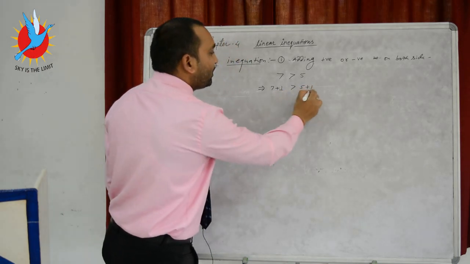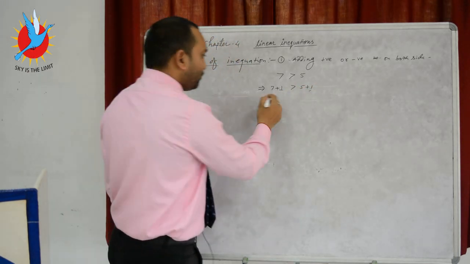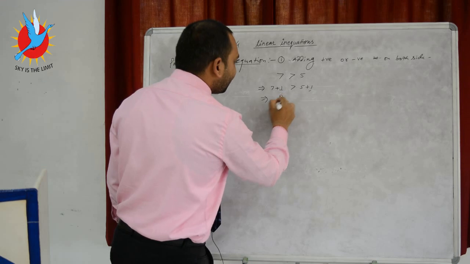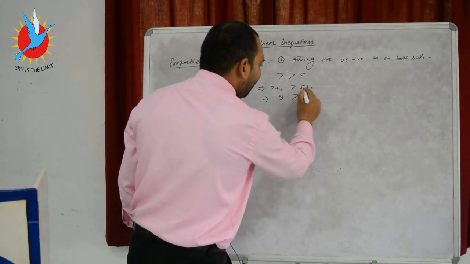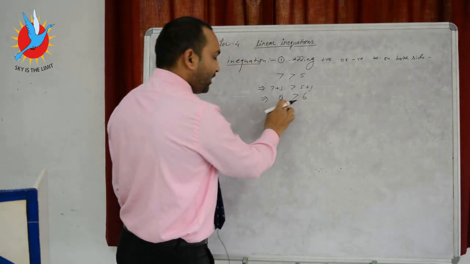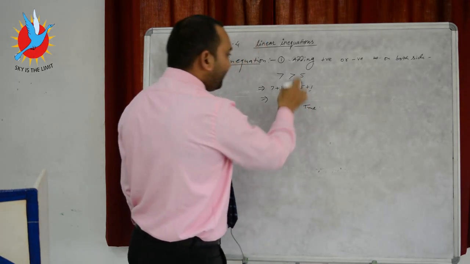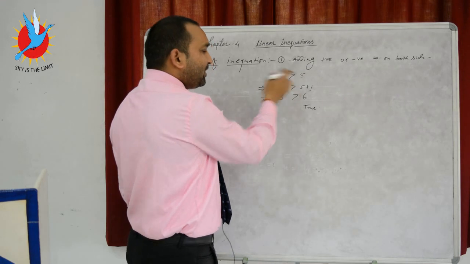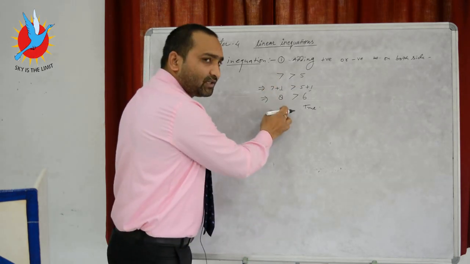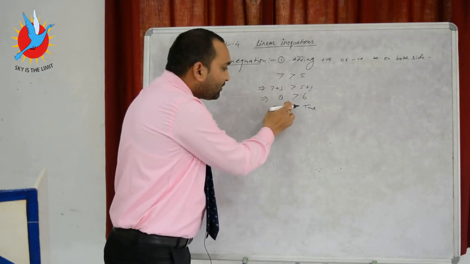We add 1 on both sides. So the value is 7 plus 1, that is 8, is greater than 5 plus 1, that is 6. So 8 is greater than 6. It means when we add the same number on both sides, the inequality is true.